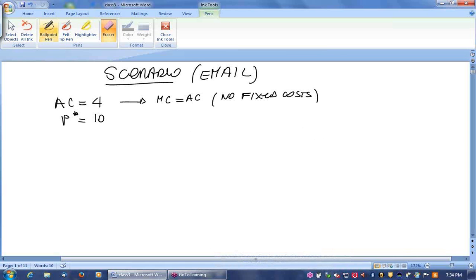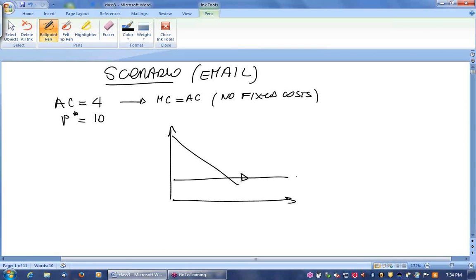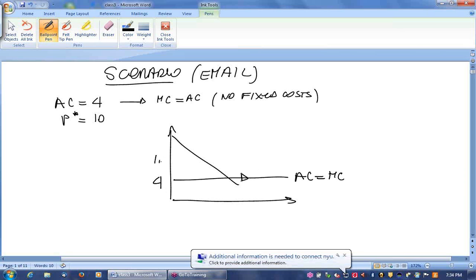Okay, so let's do it again. So we have our demand curve. Then we have the average cost equal to the marginal cost, and this is equal to 4. And then we have the optimal price that is equal to 10, and so the optimal quantity.